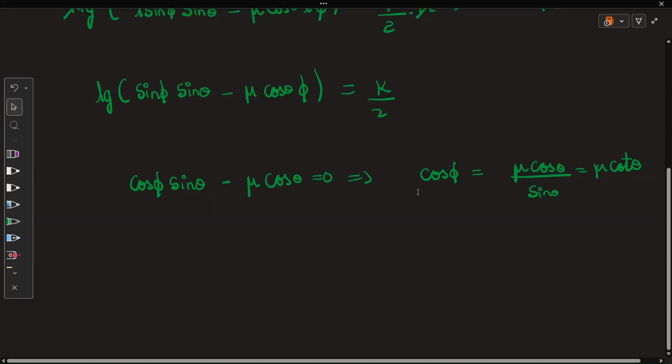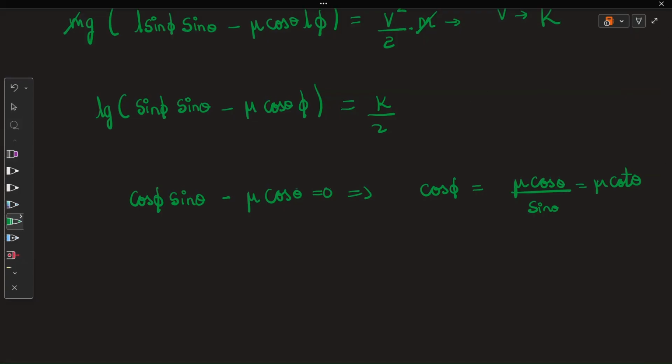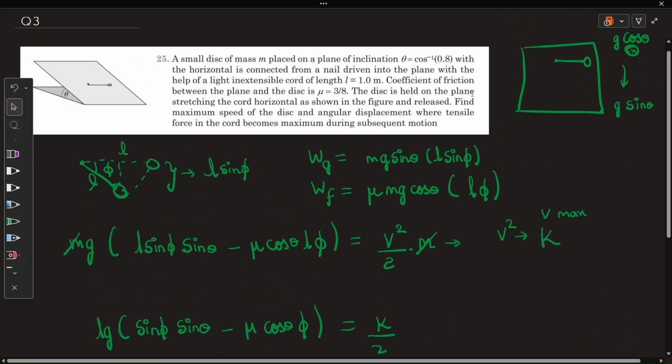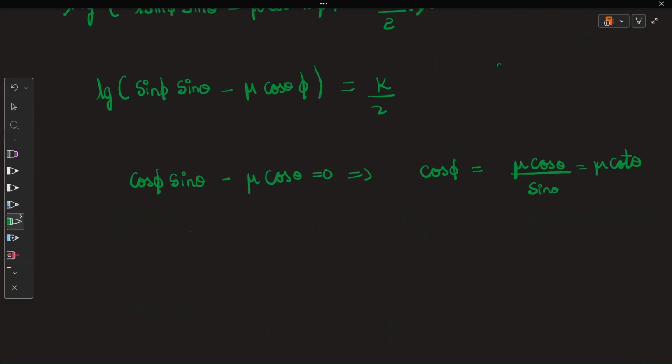Now, since we have values of theta and mu, we can directly find the angle phi. By substituting it, we will find the value of phi. Phi is done, and with phi we can find v square.